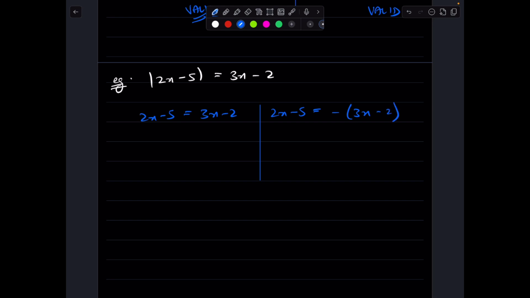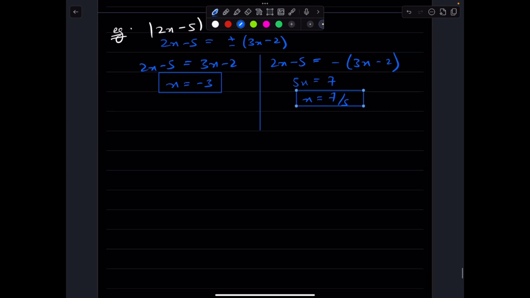And why did we do this? Because 2x minus 5 equals plus minus of 3x minus 2. Alright, so solving both, we have x equals minus 3, and solving the second equation will give us 5x equals 7, so x equals 7 over 5.